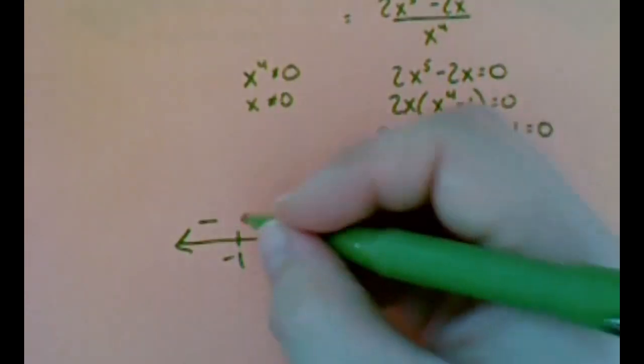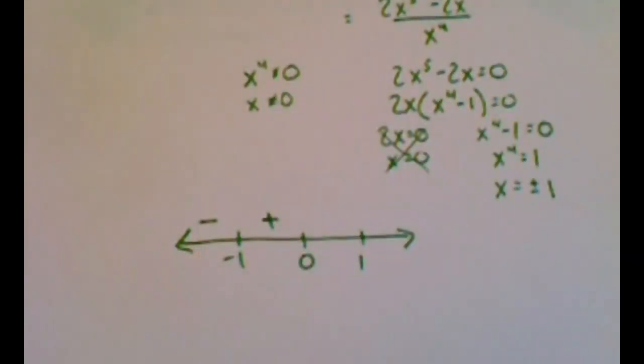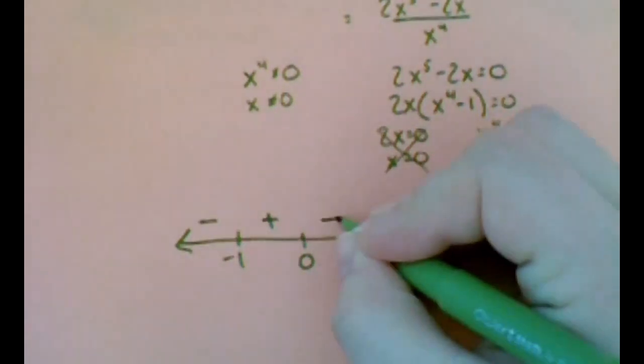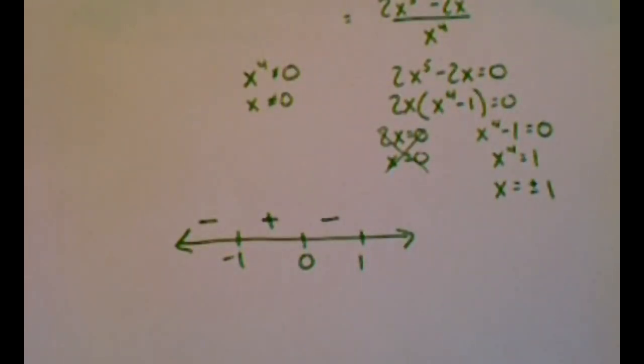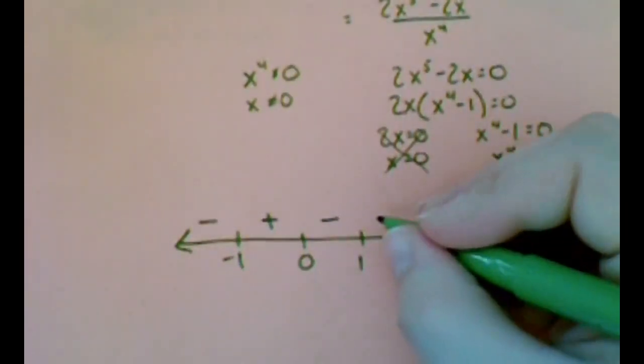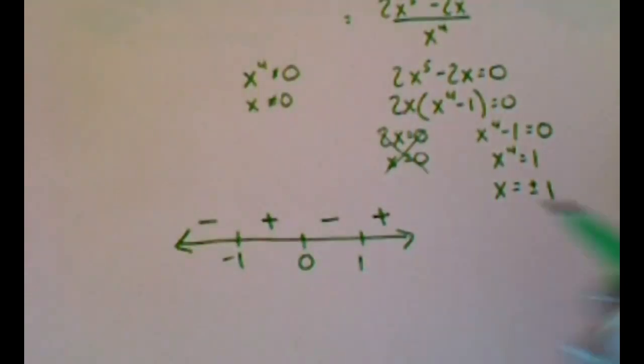I get a positive over positive, which is positive. How about positive 0.5? 2 times 0.5 to the 5th power minus 2 times 0.5 is a negative value. Negative over positive is negative. And let's try 2. It's going to be a positive over positive, which is positive.